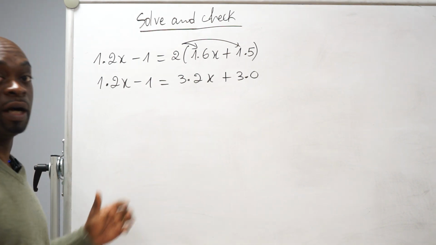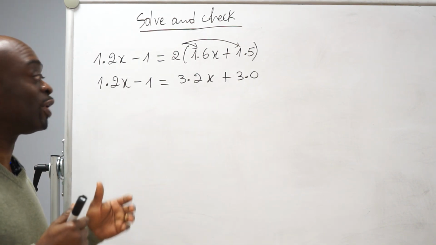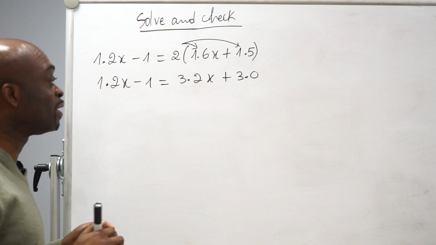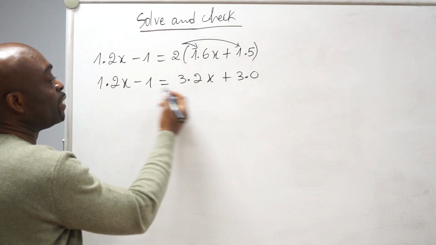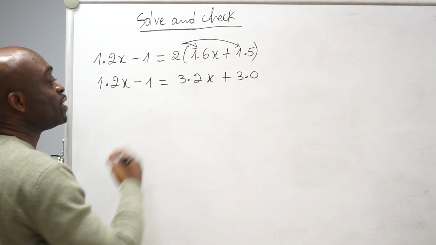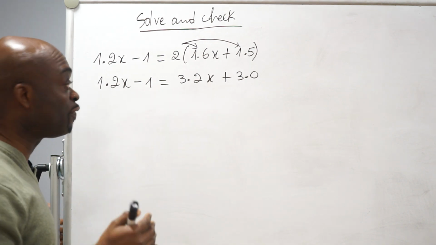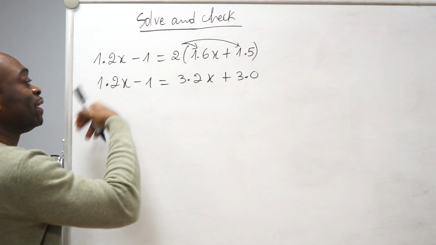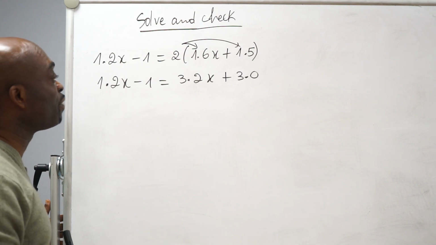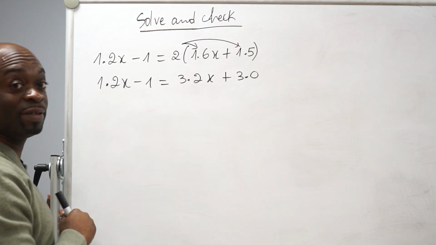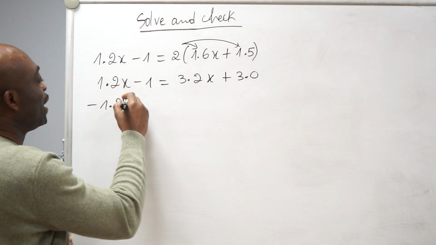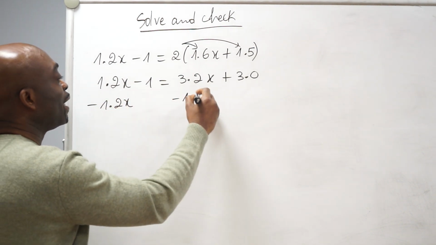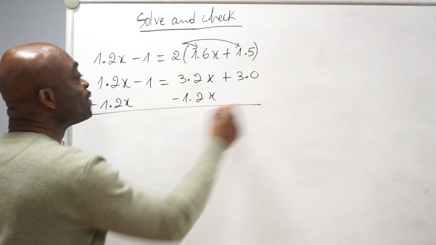Now we can combine like terms. Decimals, we don't mind, we can always deal with them. We can move the lowest x-term to the largest so that we always have a positive coefficient for x, or we can carry the 3.2 over, and then that'll be negative. So let's do this one, and it doesn't matter which way you go.